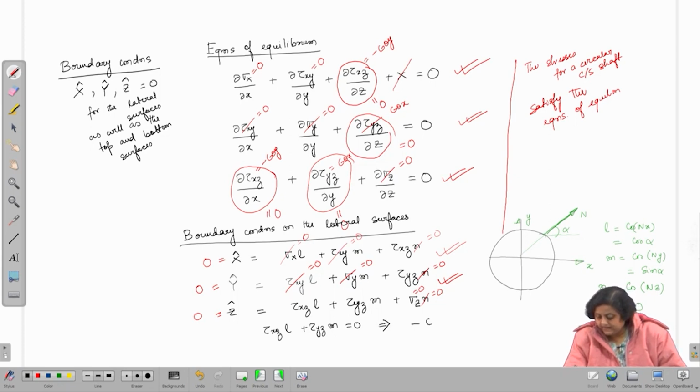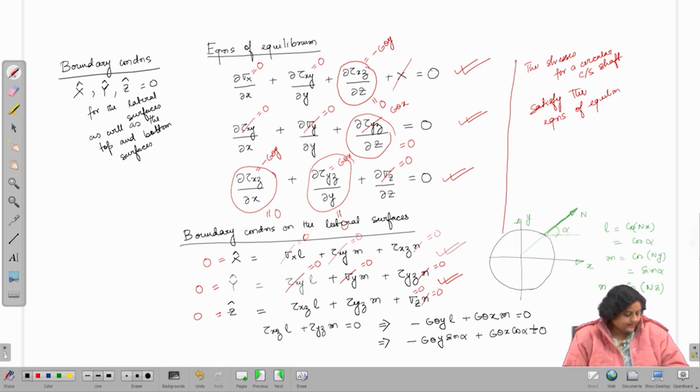Tau x z is minus g theta into y into L plus g theta into x into m has to be equal to 0. So, that gives me minus g theta y into sin alpha plus g theta x into cos alpha equals to 0.